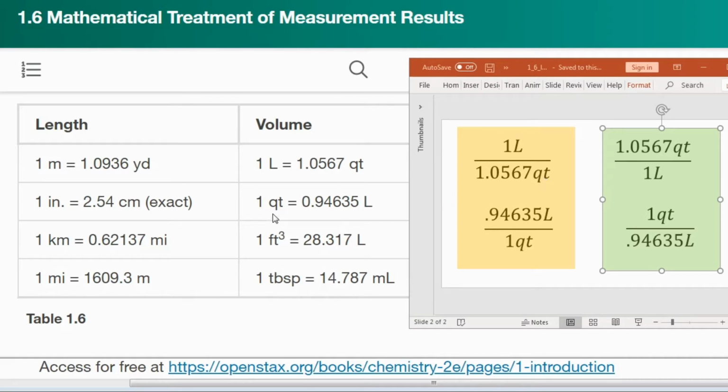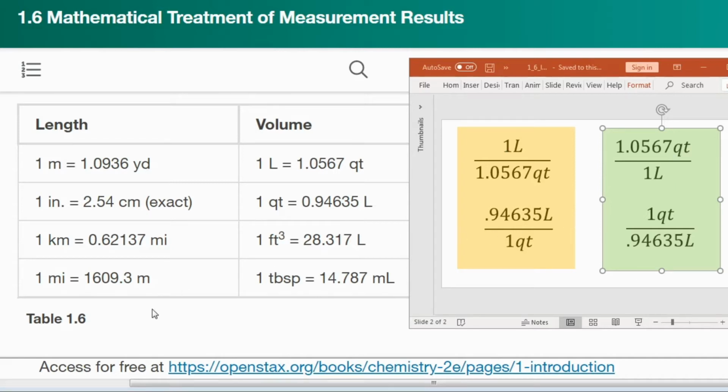Or you could put 1 quart in the denominator and 0.94635 liters in the numerator. Now if we wanted to do the opposite, and convert liters to quarts, we would follow a similar procedure, just reverse the denominator and numerator.